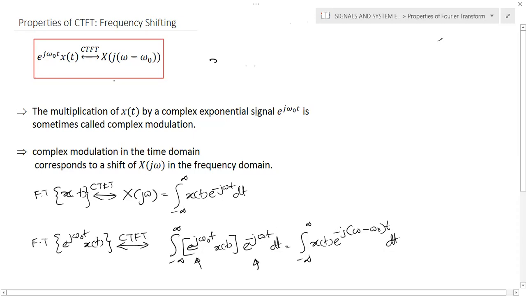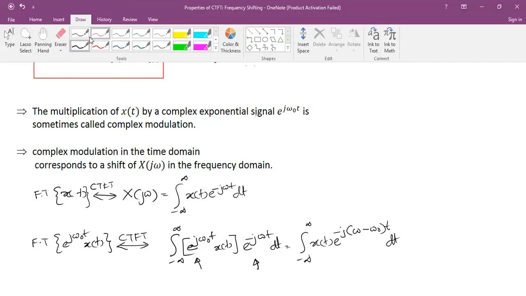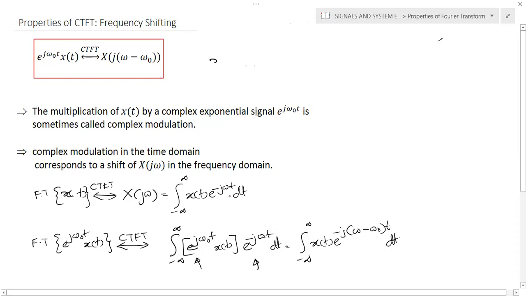If you observe these two equations, in the previous case the expression contained omega, so we wrote x of j omega. Now, in place of omega, it is omega minus omega 0. So we can write x of j into omega minus omega 0. This is the proof for the frequency shifting property.